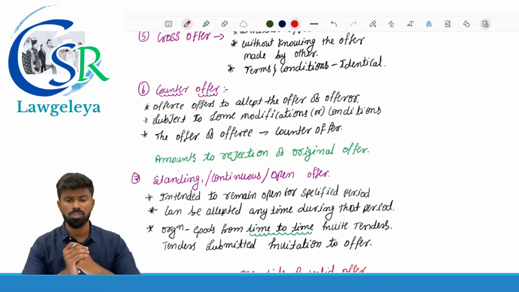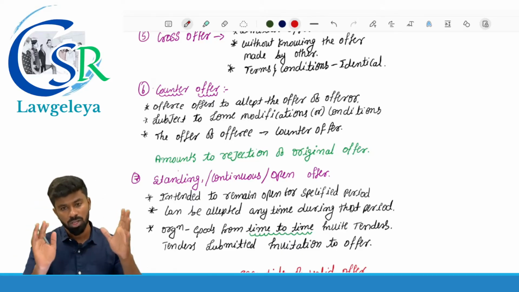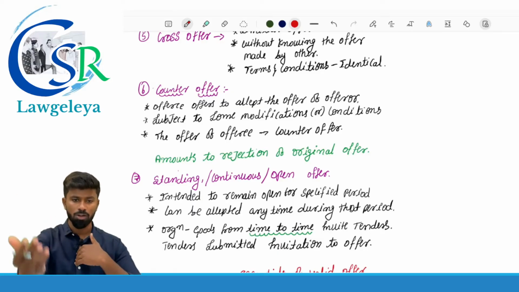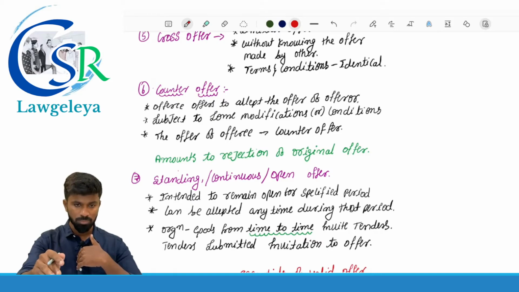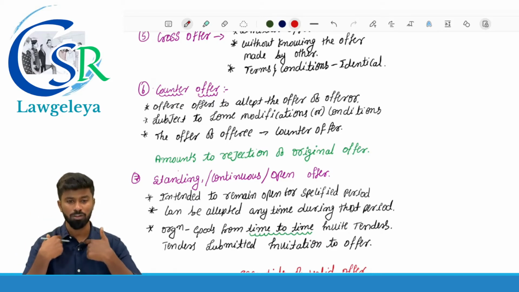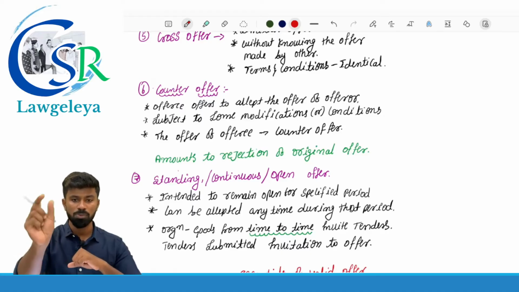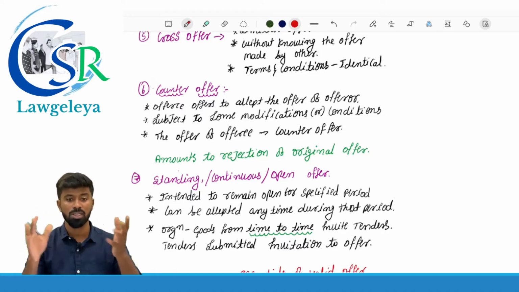Next one, counter offer, important. What is counter offer, sir? When the offeree offers to accept the offer of the offerer, subject to some modifications or conditions of the original offer, such an offer of the offeree is called as what? Counter offer. There are two parties, right? Offerer, offeree. When the offeree offers to accept the offer of the offerer subject to some conditions or modifications, it means the offeree is putting some conditions or modification to accept the offer.